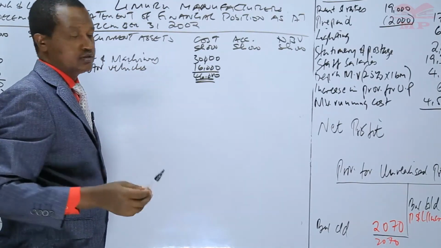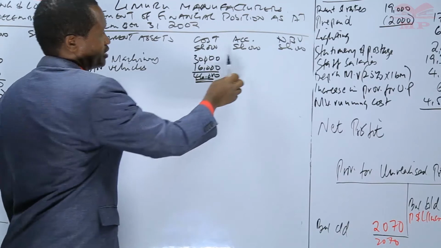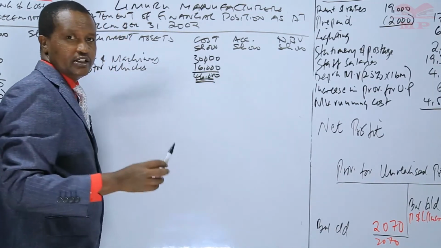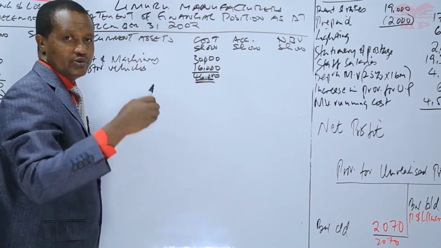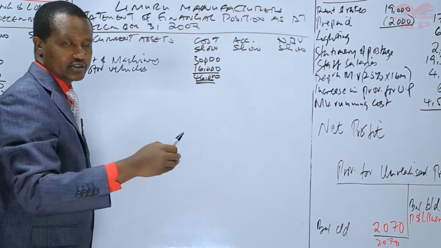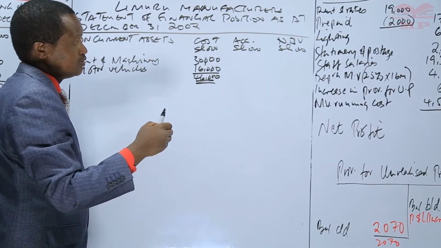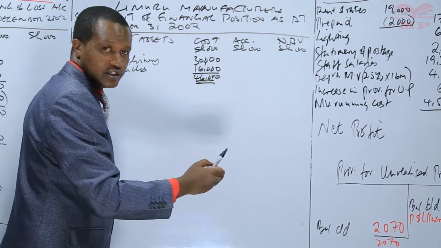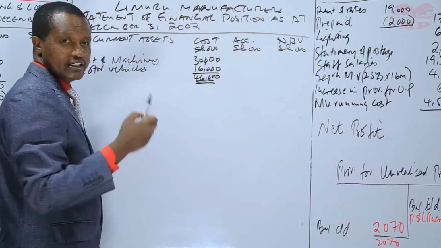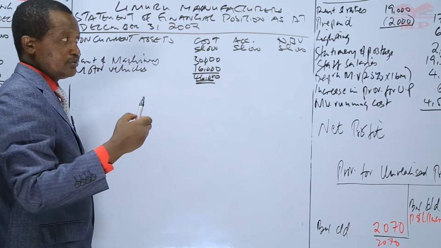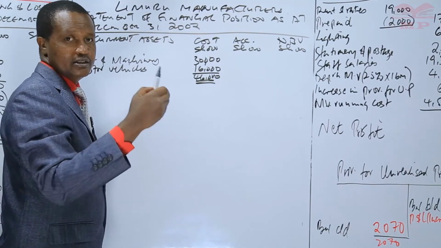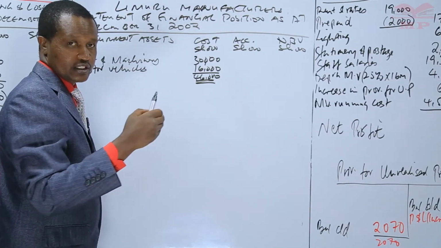candidates, you remember that the accumulated depreciation here, we take the accumulated depreciation at the start of the accounting period, what has accumulated up to the start of the accounting period, then we add the depreciation charge for the year, which appears in the trading profit and loss account.